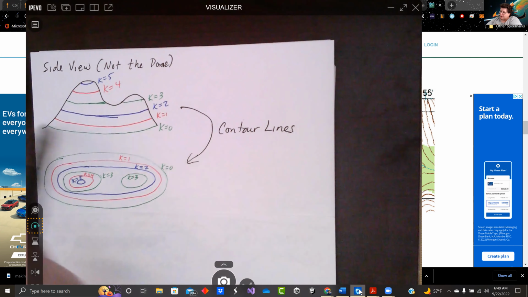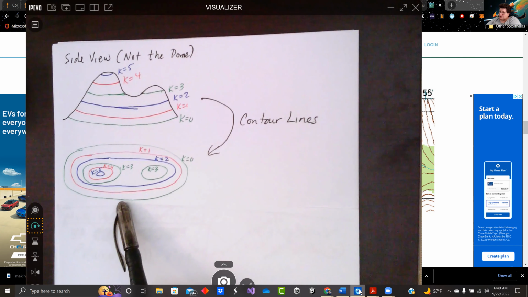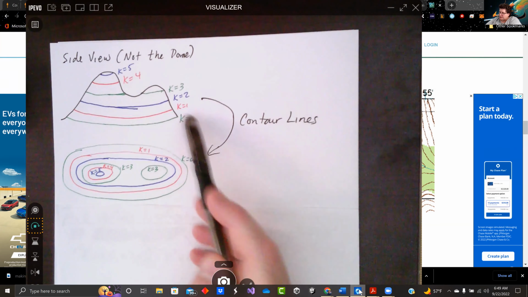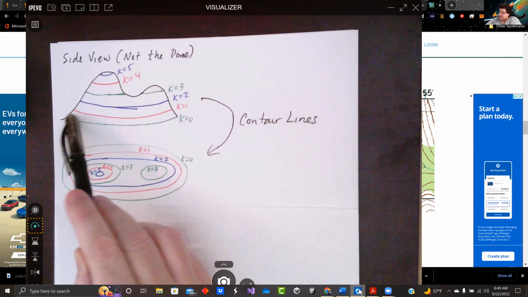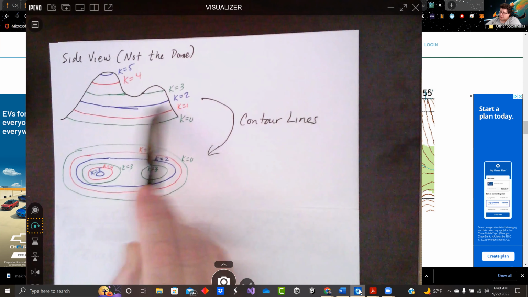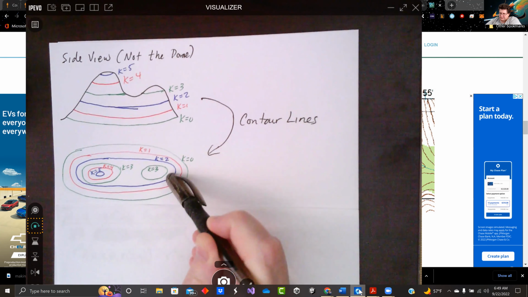So the green circle, k equals 0, is pretty big, and there are no interruptions. K equals 1 and 2 are also good size, but notice that k equals 1 is a little bit narrower than k equals 0, and k equals 2 is a little more narrow. So we show them going inward like this.